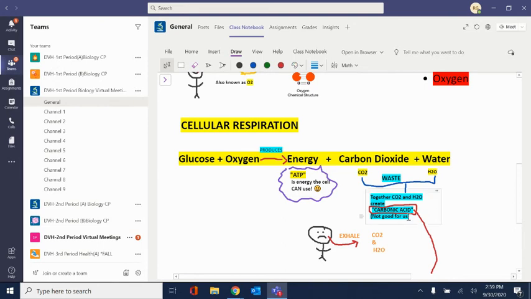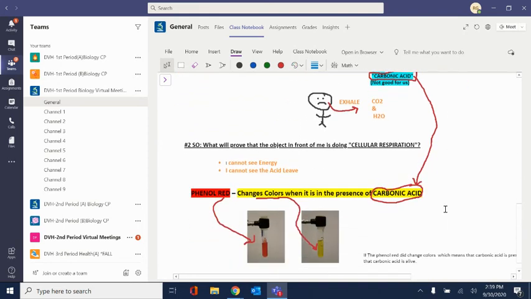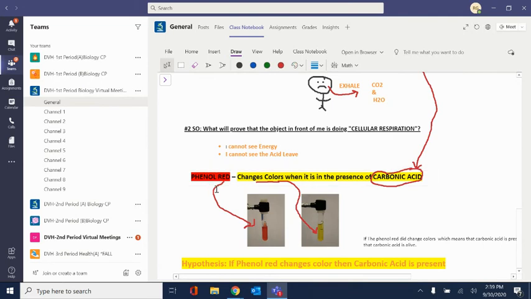Now, we can't see carbonic acid. So how are we going to prove that this is an example of a cell actually going through cellular respiration? Well, we have this phenol red chemical that we know changes colors when it's in the presence of carbonic acid.